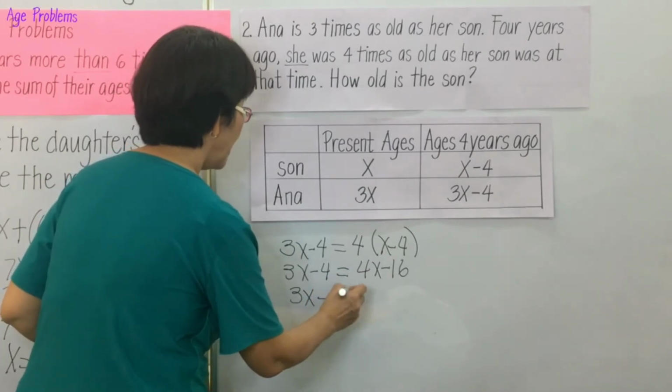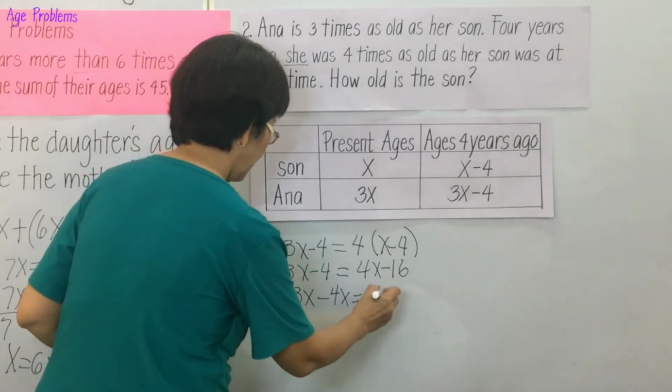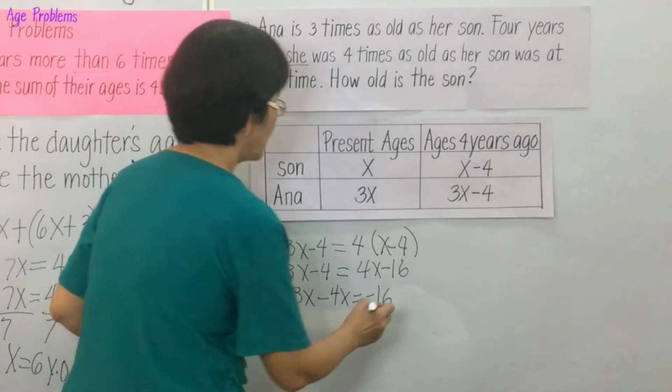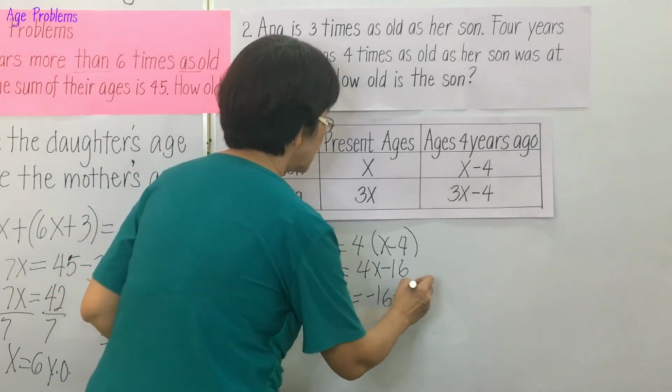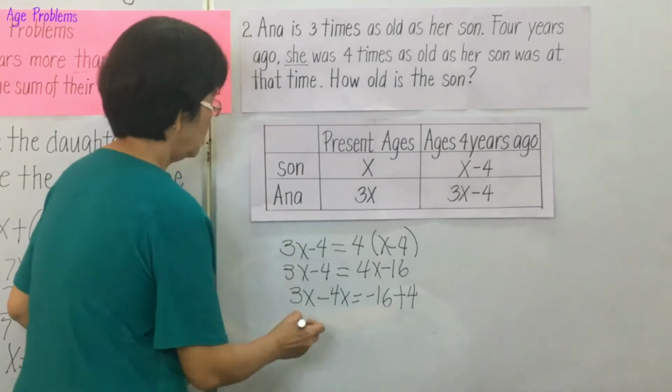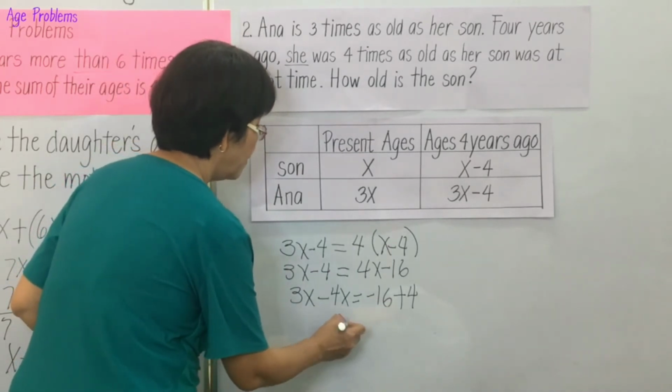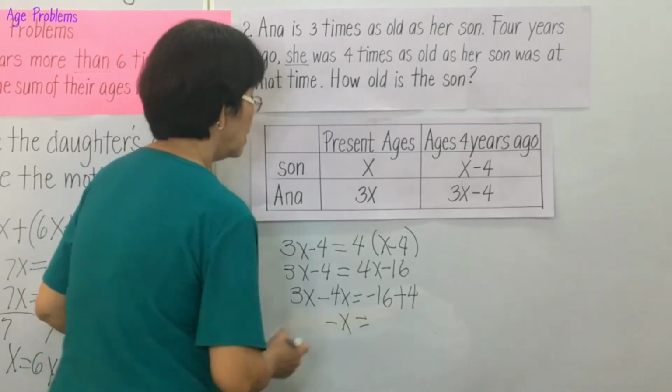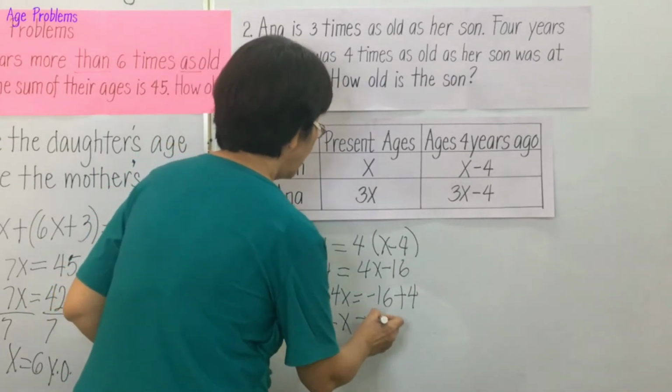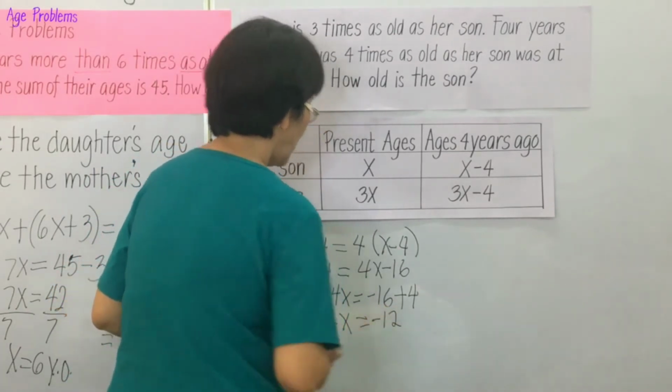minus 4x equals negative 16 plus 4. So negative x equals negative 12.